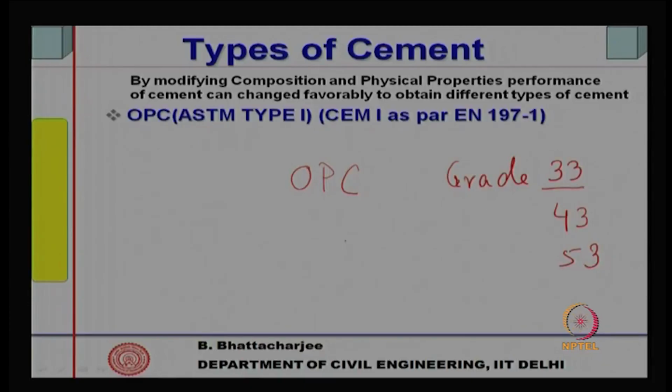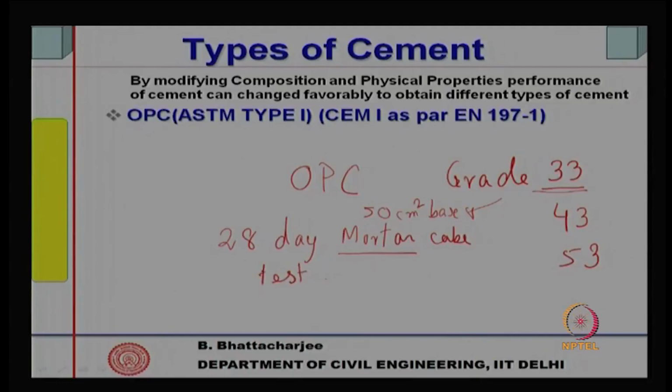Grade 33 is that cement which exhibits a 28 days mortar strength. Yesterday, or last class, we discussed the strength test of cement: the 50 centimeter square base mortar cube test.